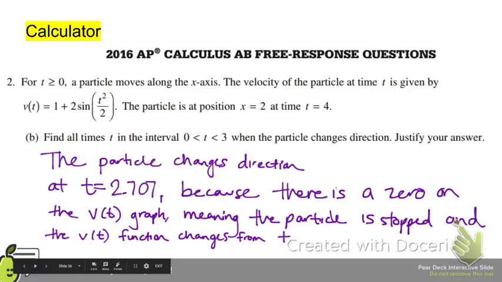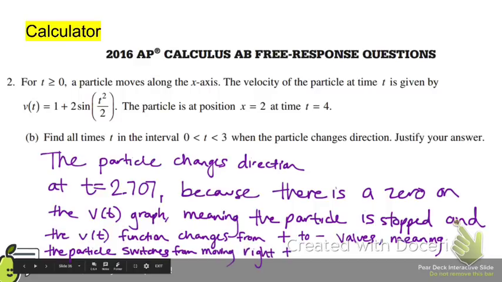So the velocity function changes from positive to negative values, meaning the particle switches from moving right to moving left.